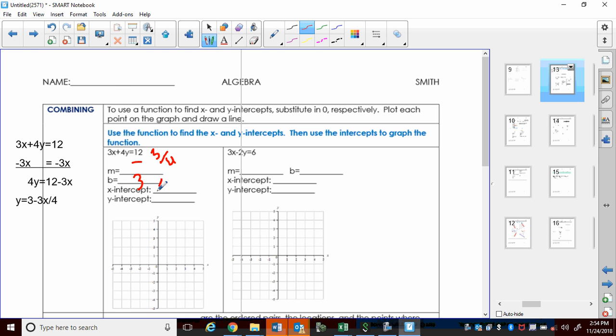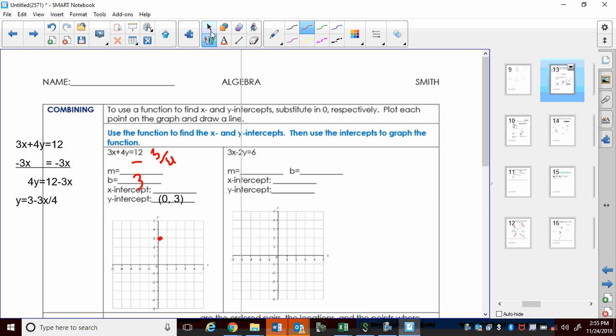My x-intercept, I'll get it from the graph. My y-intercept is 0 comma 3. In fact, I'm going to type that out because that looks sloppy. So 0 comma 3. And when I graph this, I'm going to graph 0 comma 3 right here.